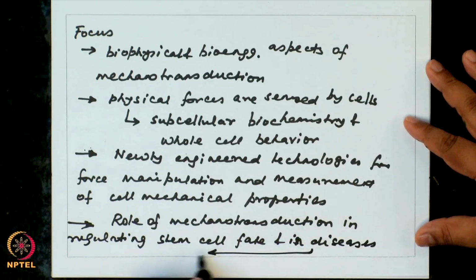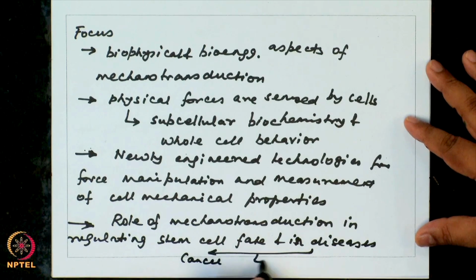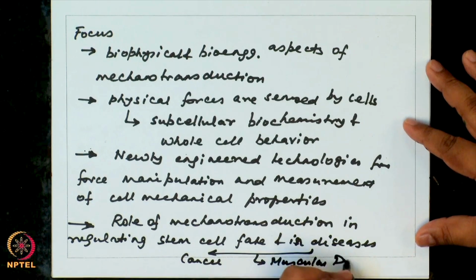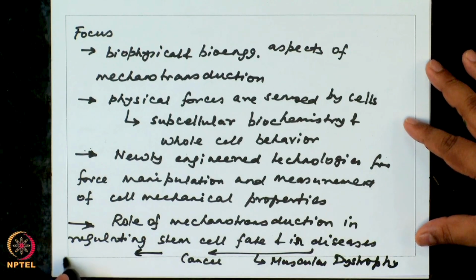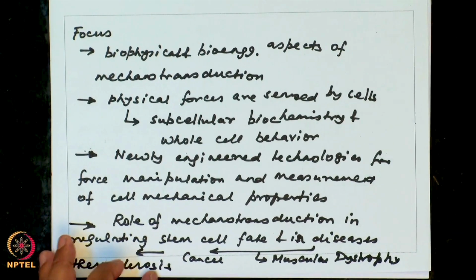Under disease, I will discuss cancer, muscular dystrophy and arteriolosclerosis as 3 examples.